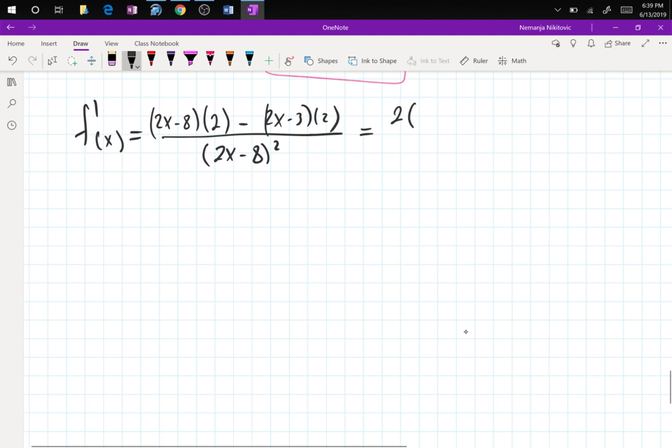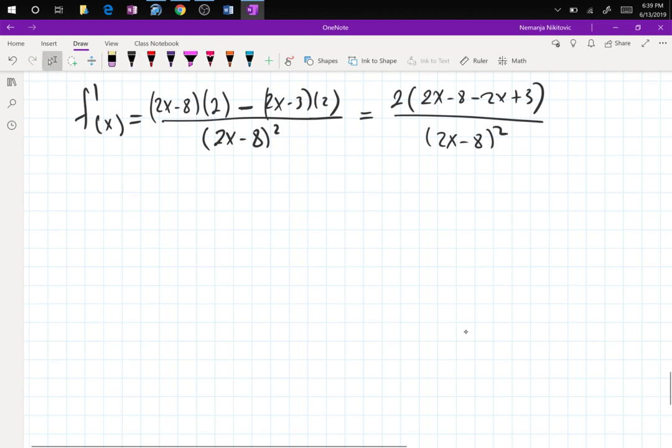If I factor 2, what's left is 2x minus 8 minus 2x plus 3, and then 2x minus 8 squared. This plus 3 here is when you distribute this minus, it becomes positive 3.